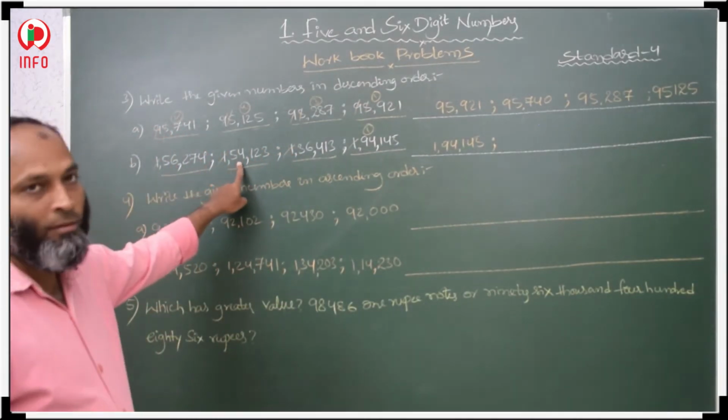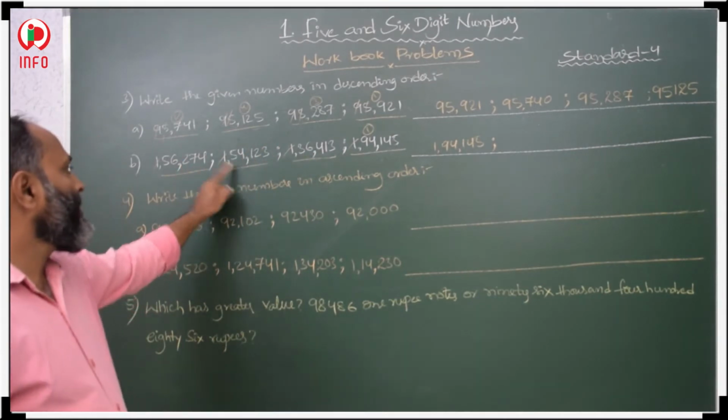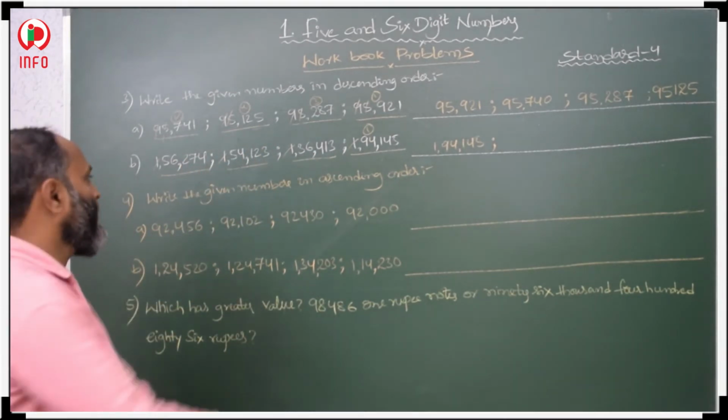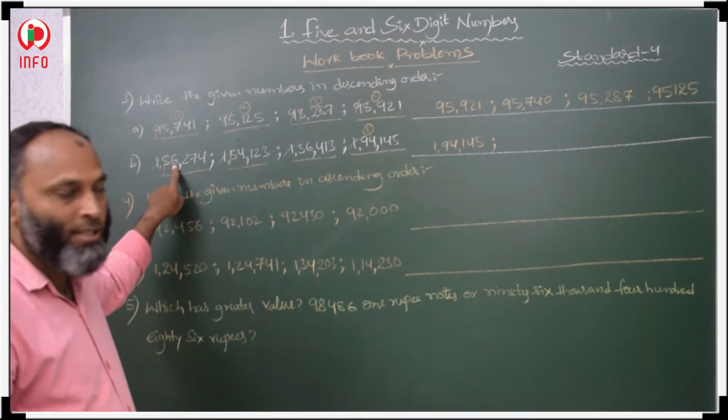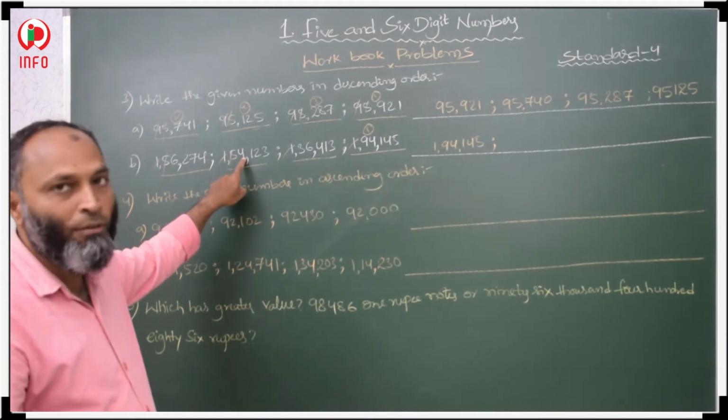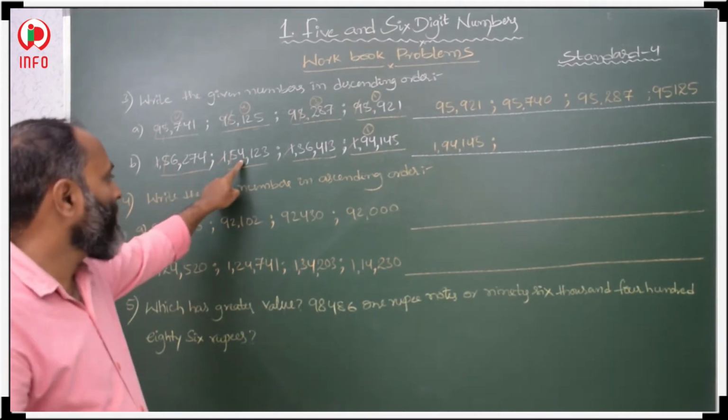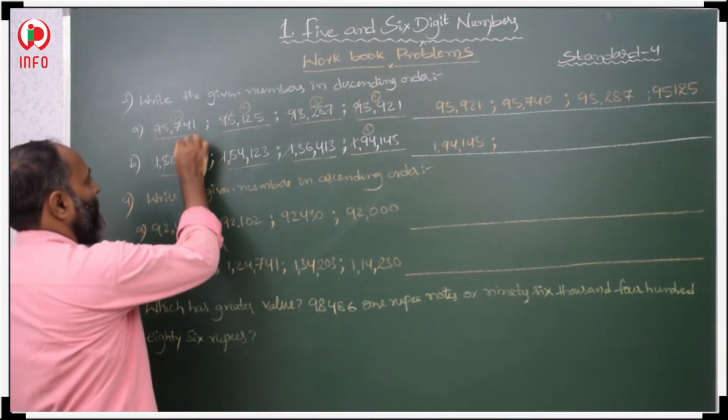Then after 9, there are 5 and 5. In these two we again have to check which one is bigger. In both, 5, 5 is the same. Then in the thousands place, 6 is there in one and 4 in the other. Between 6 and 4, 6 is bigger.